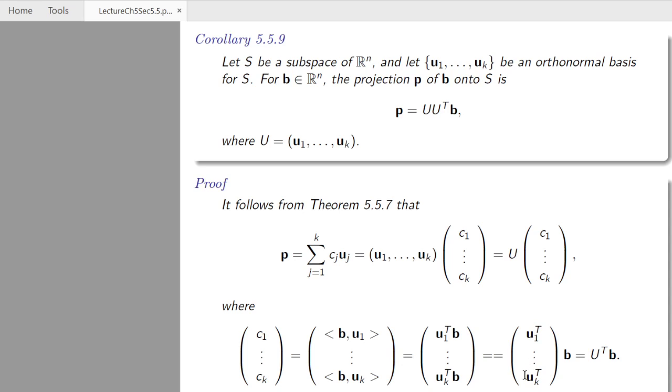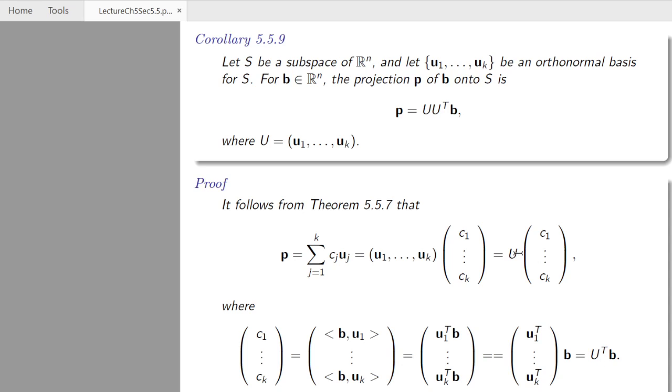And similarly, the last row here is the last row of the matrix U transpose. And then the vector c1, c2 to ck equals the transpose of U times b.